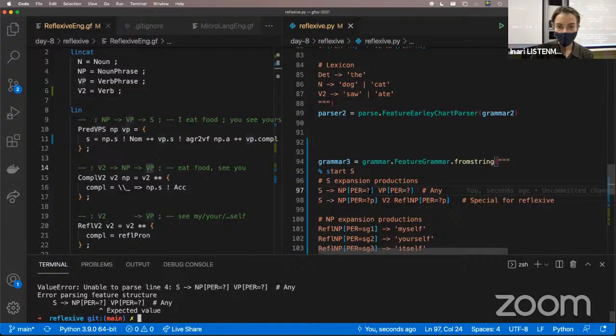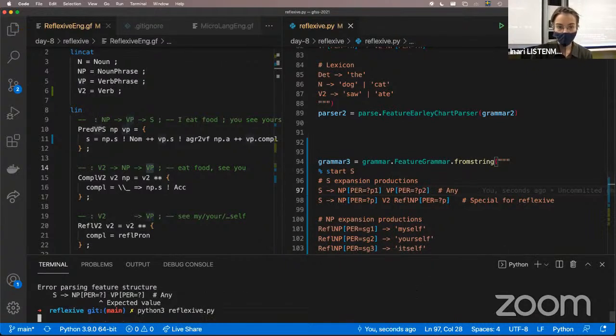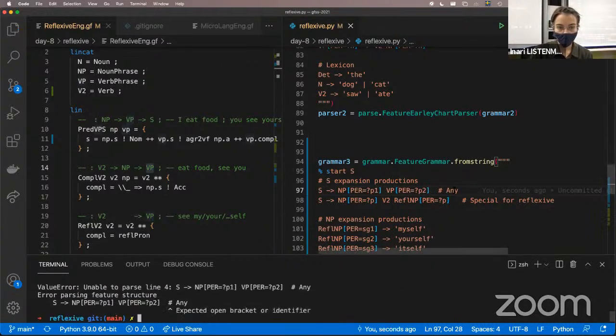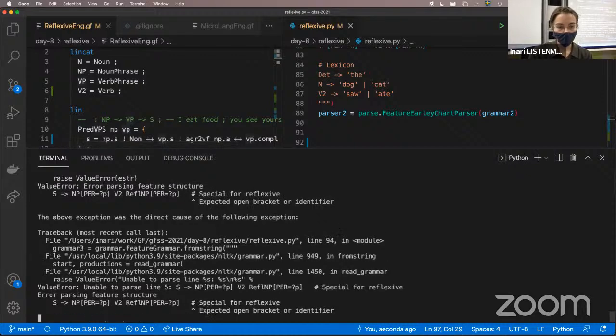"Expected value." P1, 2. Possible structure.